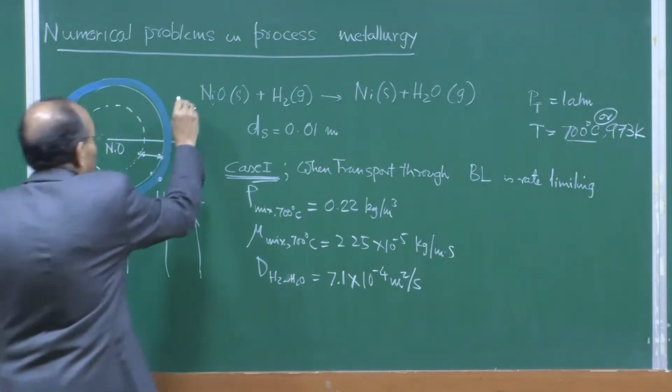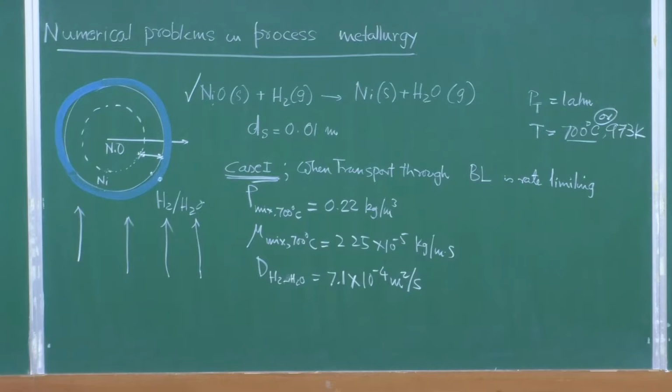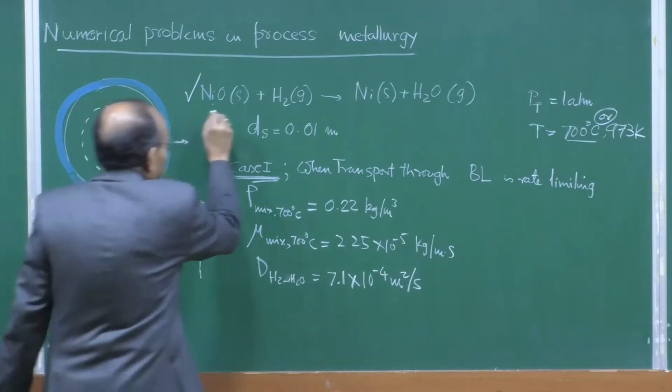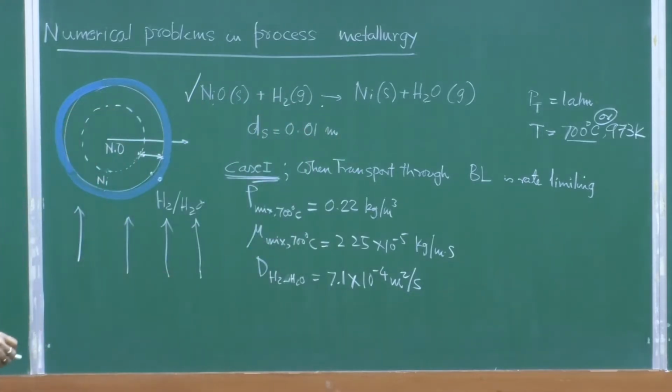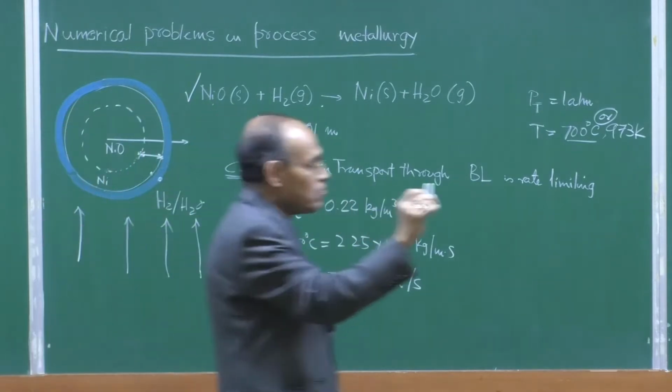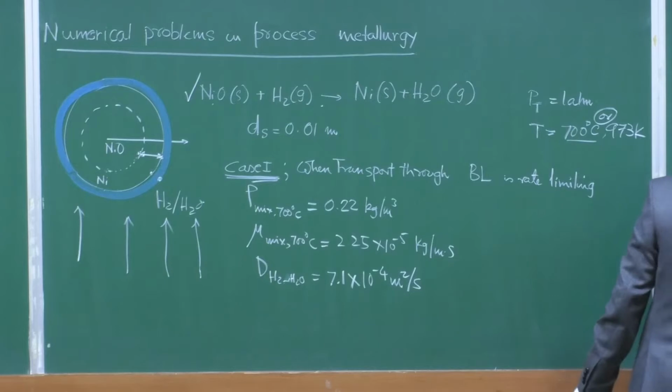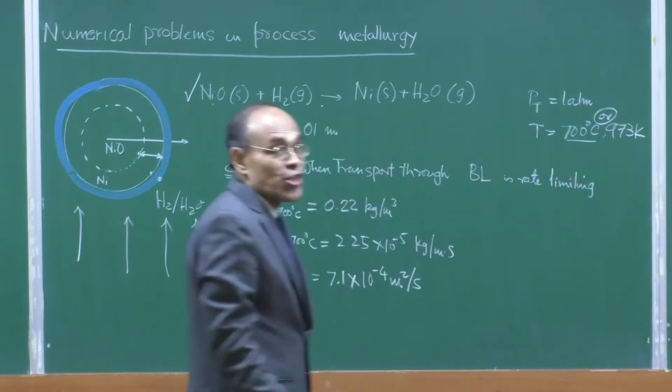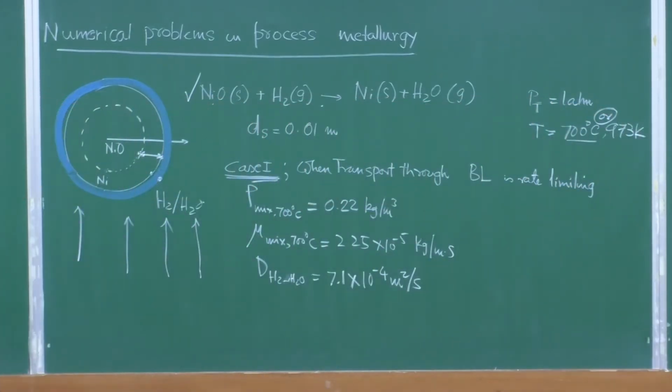So, the diffusion process and the reduction reaction can be considered to be at equilibrium, and these assumptions will allow us to specify the concentration difference that drives the boundary layer mass transfer.